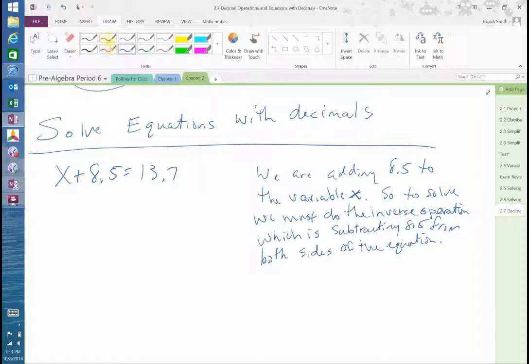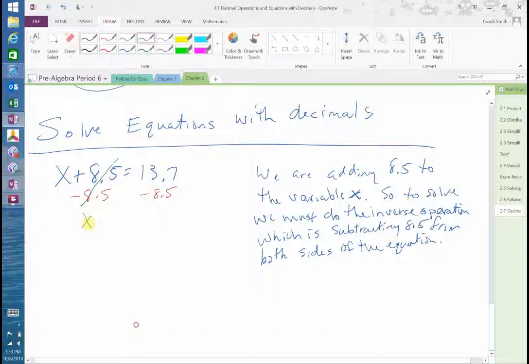Okay, so here's what we must do. Subtract 8.5, subtract 8.5. Over on this side, it cancels out, leaving me with x is equal to 13.7 minus 8.5.